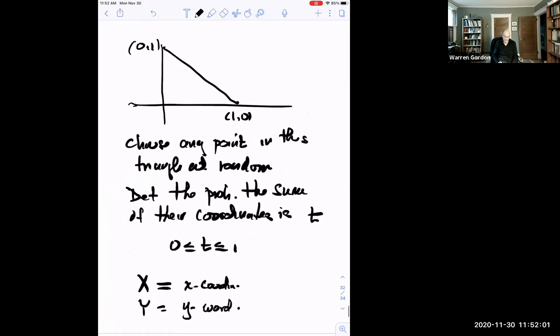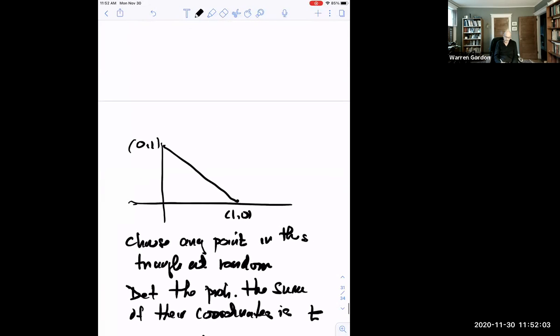So I choose any point at random here. Well, notice the equation of this line, by the way, is x plus y equals 1. We all know pre-calculus. I gave you 2 points, you can find the equation of the line.